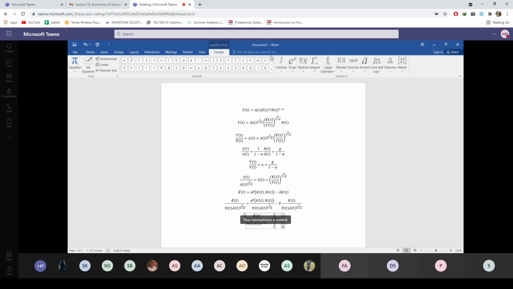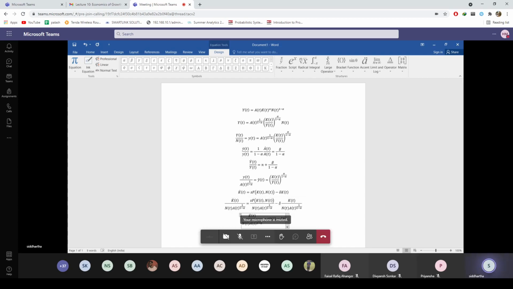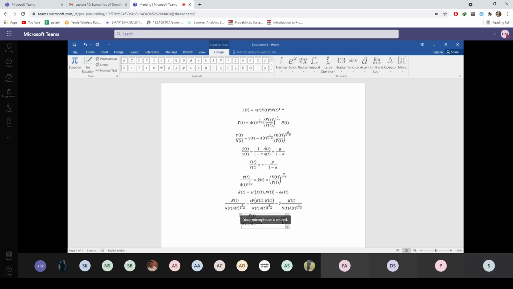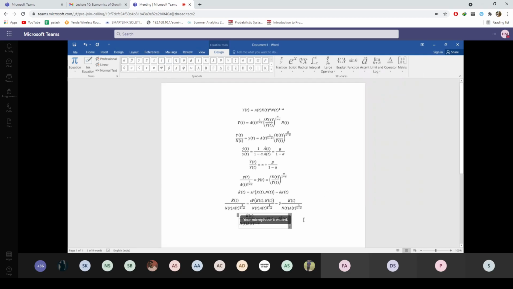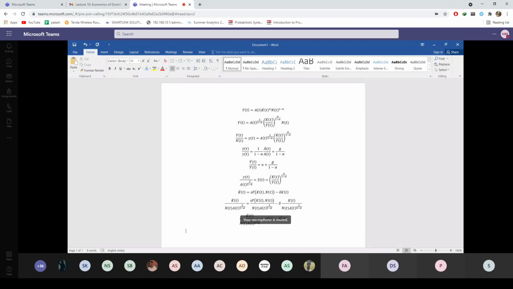This is my y hat minus delta k hat t. Now, the rest of the part is again simple.